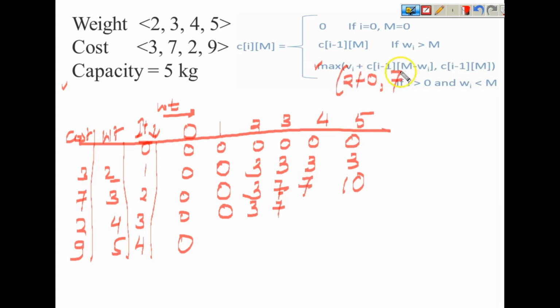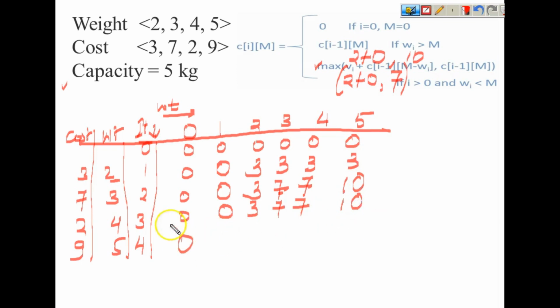I will take the maximum of these two, the maximum is 7, so I will write 7 here. Now in here, this is 5, this is 4, so I write 2 plus, the difference 5 minus 4 is 1, so I go to 1 in the previous row, this is 0, and the previous value is 10, so I am going to take the maximum of these two, and I will write 10 here.